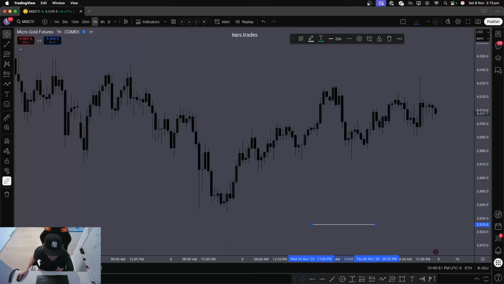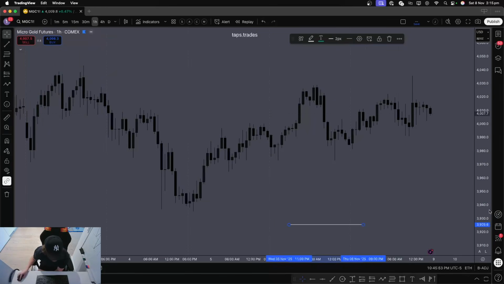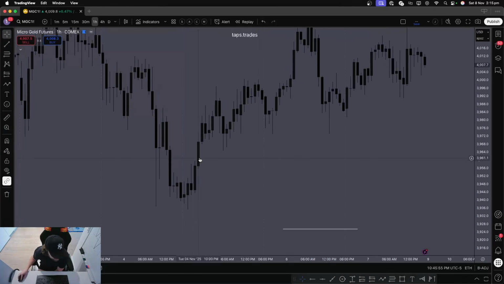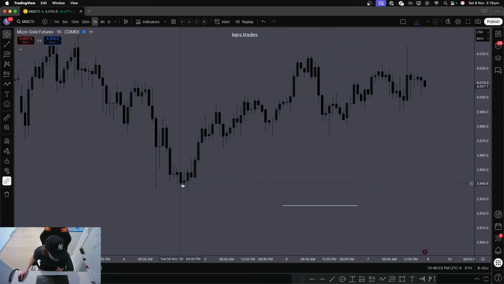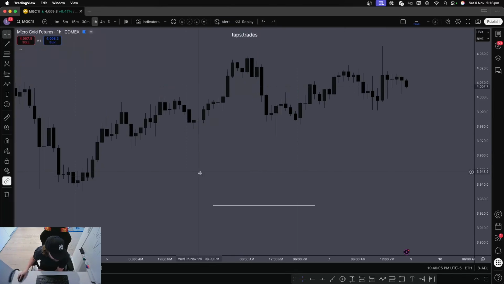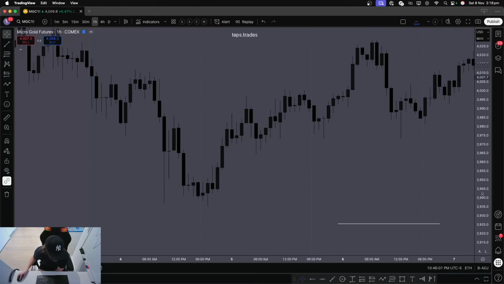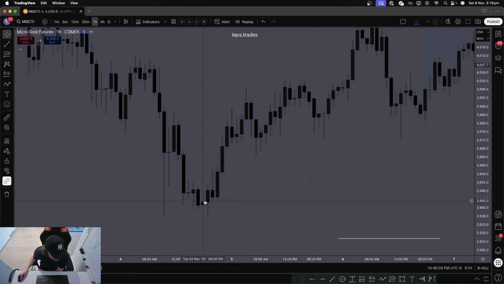So let's go back. On the hourly, this is the start of the day. I'm not sure if you can see these lines. Where these lines start is essentially the start of the day, or the session. So we've got the low. I'll zoom in just a bit more so you can see it clearly. We've got the low, the high, a small pullback creating a higher low to then create a higher high.